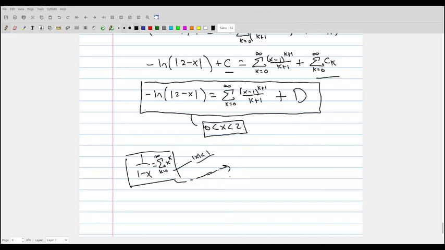So we've used this to expand the number of functions that we can express using power series.